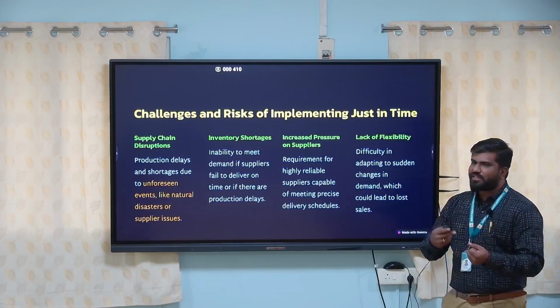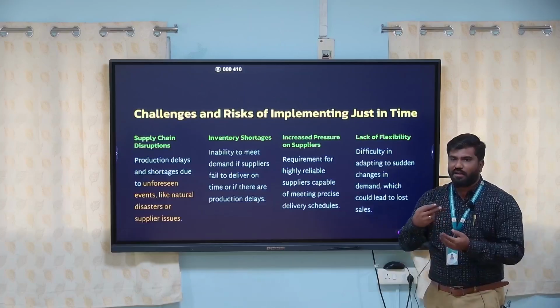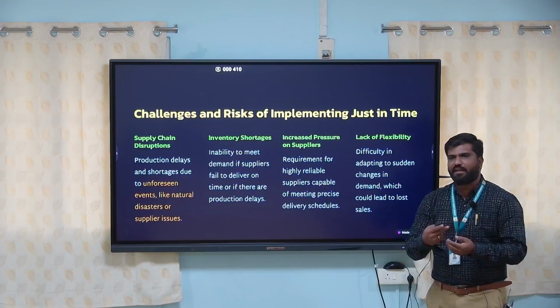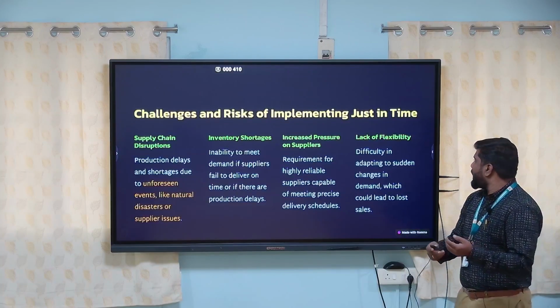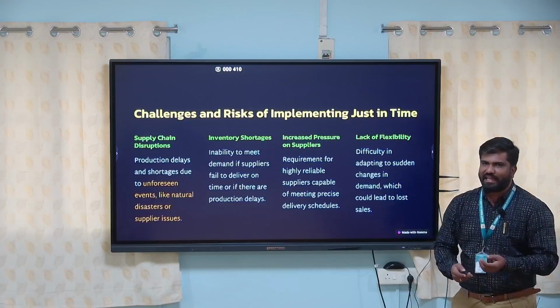Then increased pressure on suppliers. There should be a very good relationship with the supplier, and that relationship might get affected. Lack of flexibility might also happen, as adapting to sudden changes in demand is a tough task in any industry.